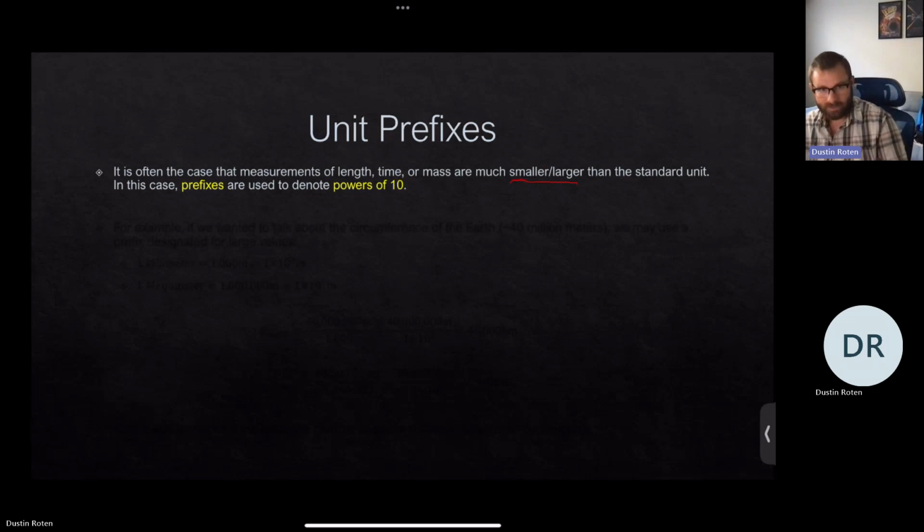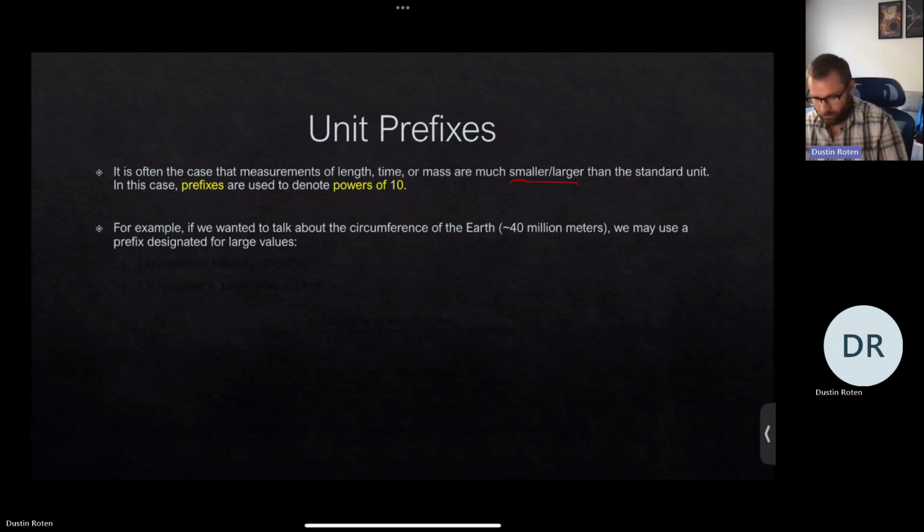Okay, for example, if we wanted to talk about the circumference of the Earth, which is roughly 40 million meters, well, that would be a lot of zeros after 40 if we wanted to write it out over and over and over. So we can actually attribute just a prefix for this large number. So if we say 1 kilometer, well, that kilo means 1,000.